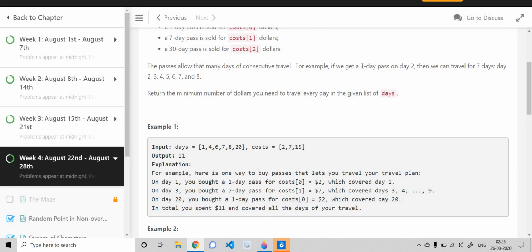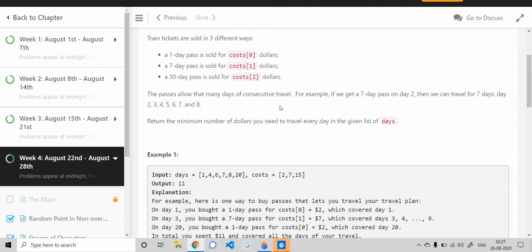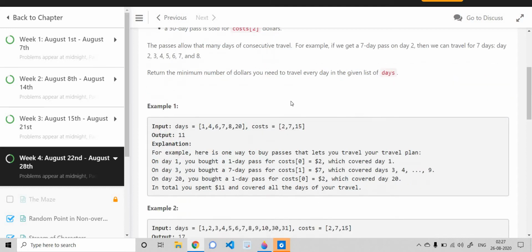If we buy a 7-day pass on day 2, then it will be valid from day 2 to day 8 only. Even if we do not wish to travel in between these days, it does not matter, but our pass will only be valid till day 8. They do not care about us. So we need to return the minimum number of dollars which will be needed to book the tickets for 1 year in advance.